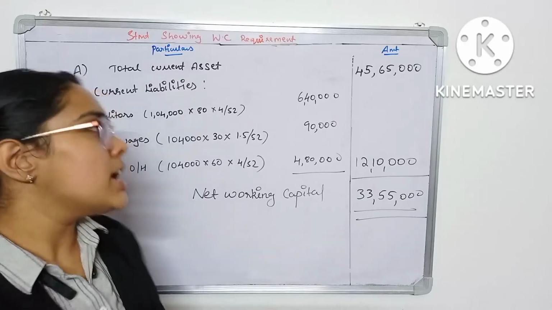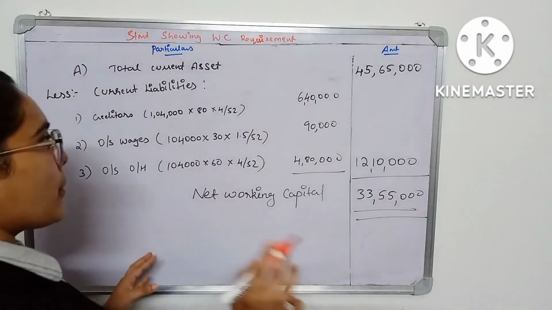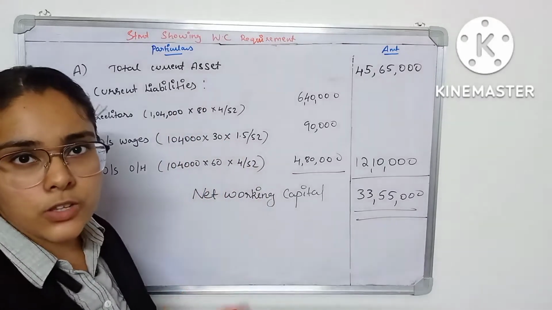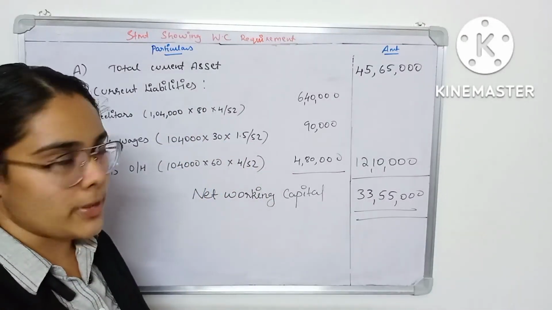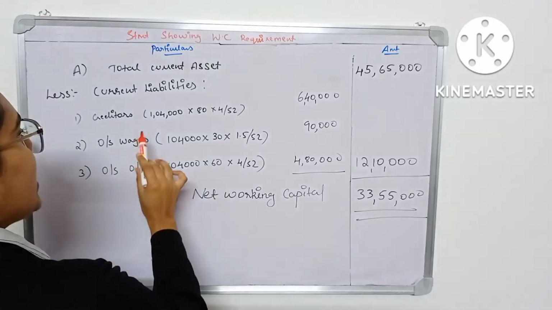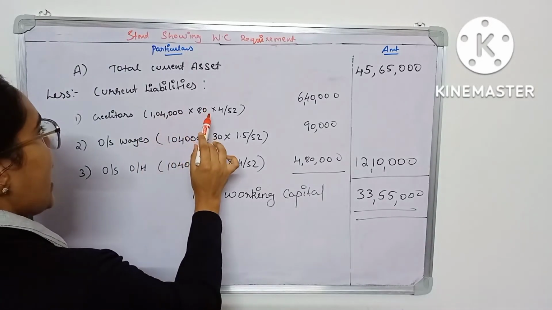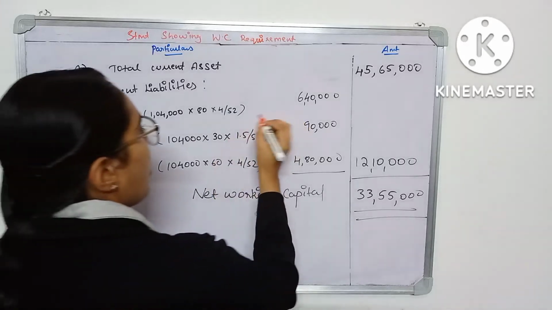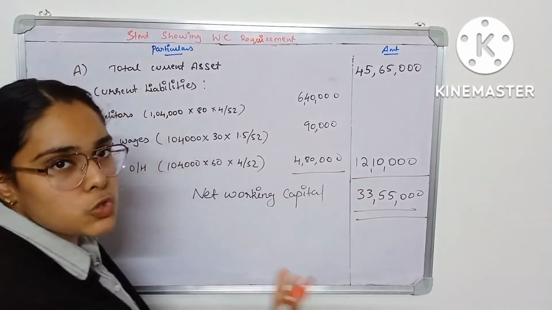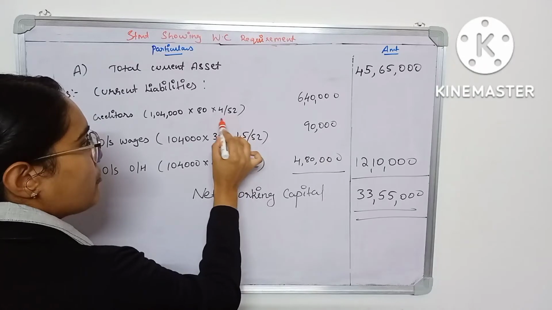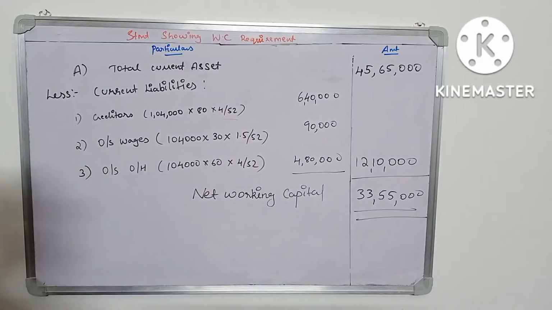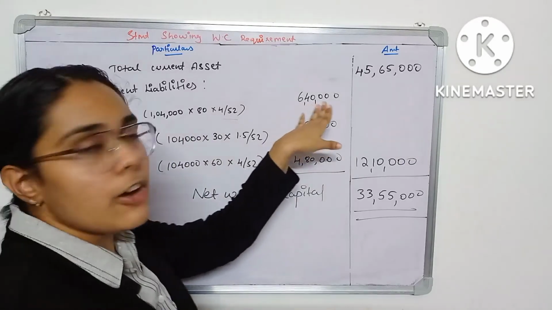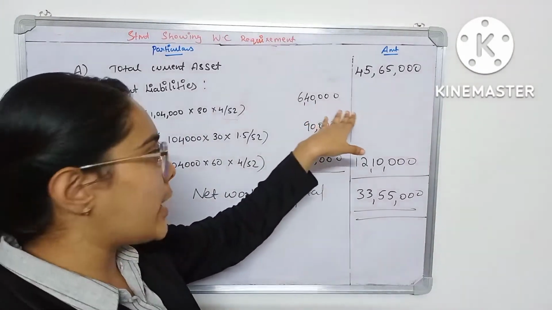The value of raw materials was 1,04,000 into 80, where 80 was the per unit cost of raw materials, and the creditors were held for 1 month. 1 month is equivalent to 4 weeks, that's why I have taken 4 by 52. When you calculate this amount, you will get 6,40,000 as the value of creditors for raw materials.